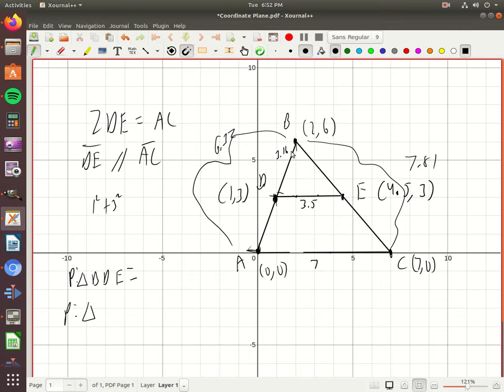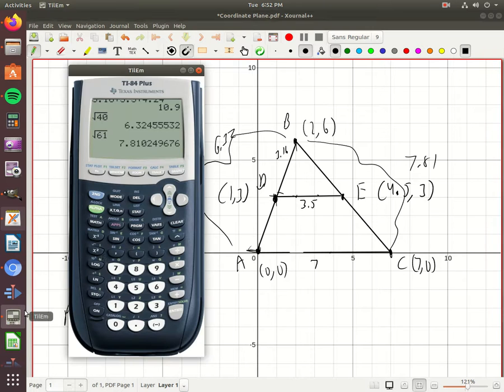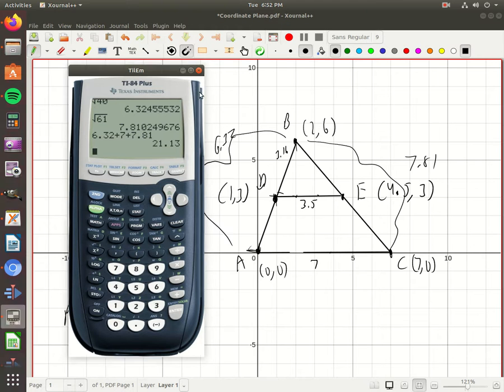The perimeter of this one is 6.32 plus 7 plus 7.81, which is going to be 21.13.